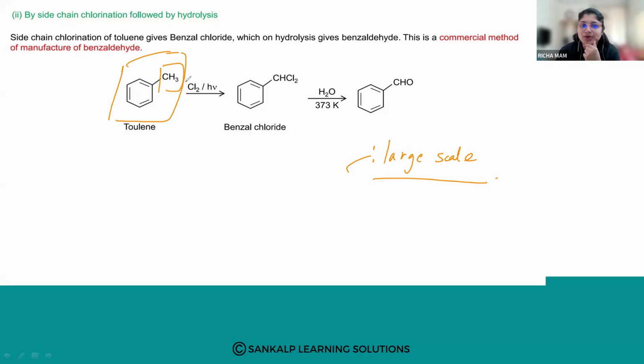We have done a controlled chlorination, that is two molecules of chlorine in the presence of sunlight. What happens? Two hydrogen atoms are replaced by two chlorine atoms. You get benzal chloride. This upon hydrolysis at 373 Kelvin will give you benzaldehyde. So this is the commercial method, side chain chlorination followed by hydrolysis.